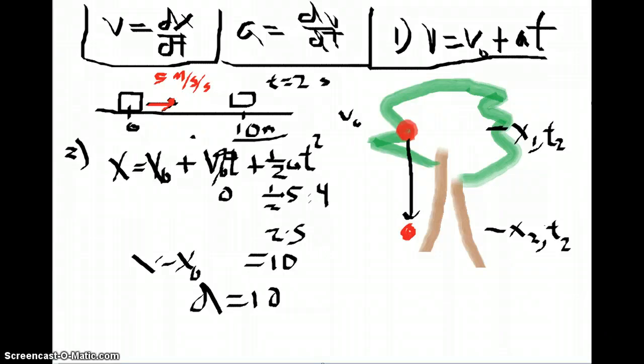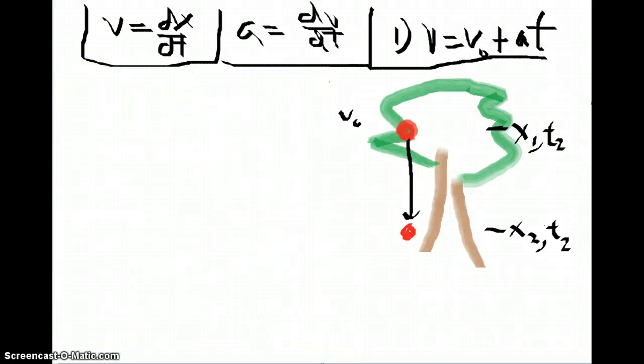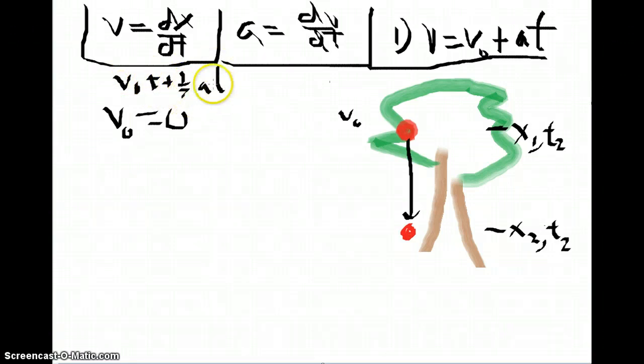We can do the apple problem again if we would like. I would like to. I'll delete that. So if I want to know, say, the distance the apple travels, I can say that the v naught is equal to 0. So let's draw the equation up again. x minus x naught is equal to v naught t plus half a t squared.